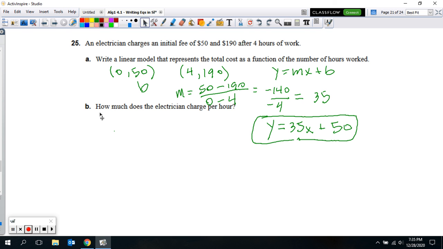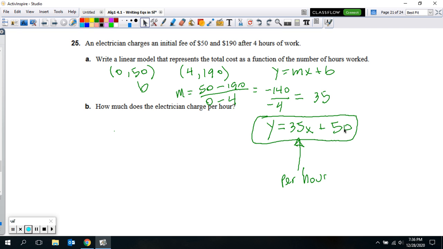So now we want to look for how much the electrician charges per hour. Every hour, this 35 is the per hour rate. That's the constant rate of change. That's how much he's charging per hour. So if you plug in 1 here, for 1 hour, he's going to be charging this. How much does he charge per hour?